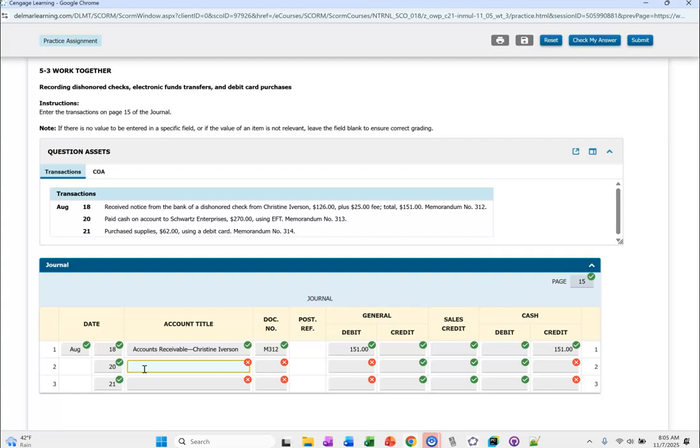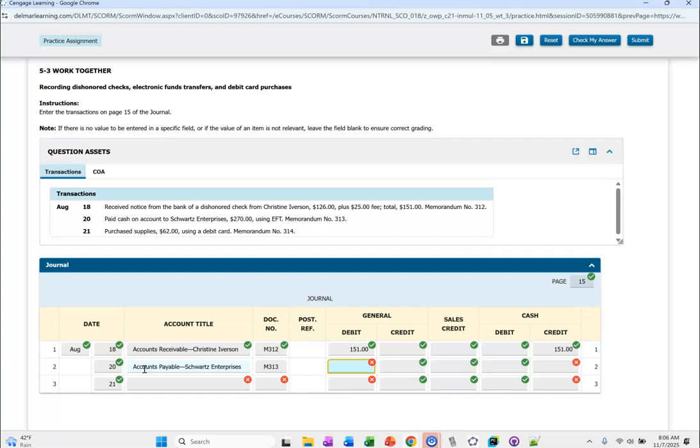Okay. Paid cash on account to Schwartz Enterprises, $270 using an EFT, electronic fund transfer, memorandum M313. So that's accounts payable, M313.